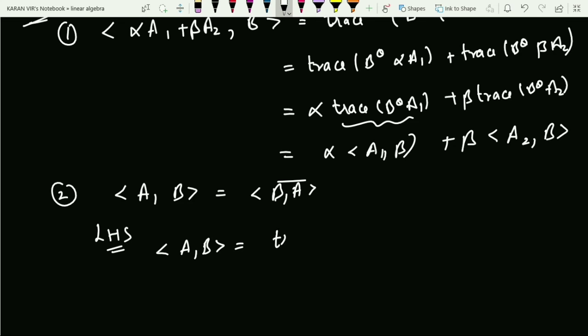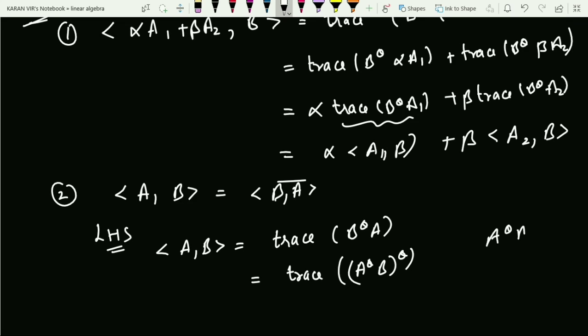It is the trace of B theta into A. Now on a similar concept, can I write this B theta into A as A theta into B, whole theta? Why? Because if you go back from here, A theta into B whole theta gives B theta into A, since both of these things are equal.